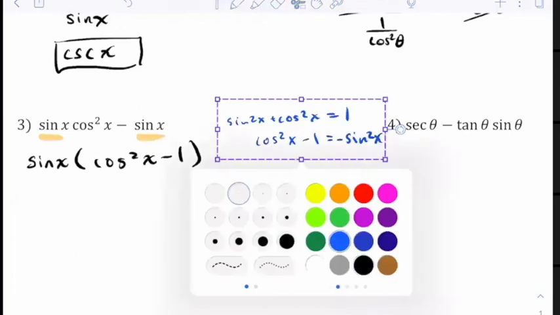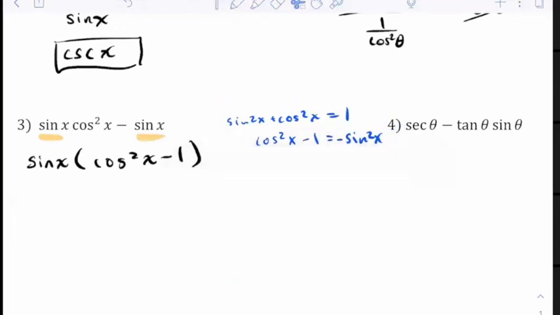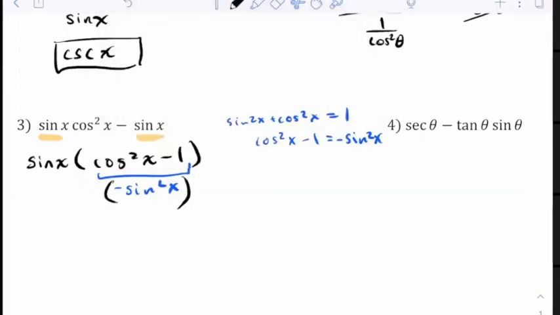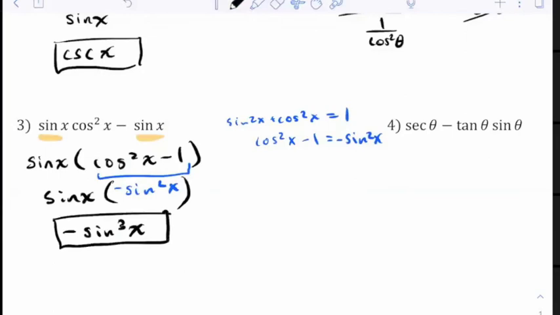Okay, so cosine squared x minus 1 is equal to negative sine squared x, which we can then multiply. And now we're left with negative sine cubed x. That would be a way of simplifying that one. Okay. All right. Let's move on to number 4.